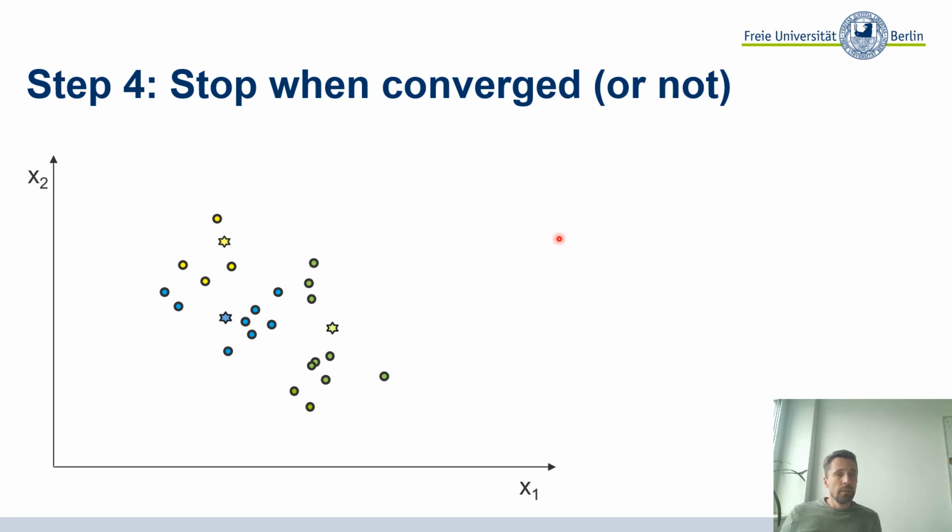So this is what it then looks like in the next step. We have assigned a number of new points to the yellow cluster, for example, and then we move the center again, and so gradually those centroids will hopefully arrive at their final location.